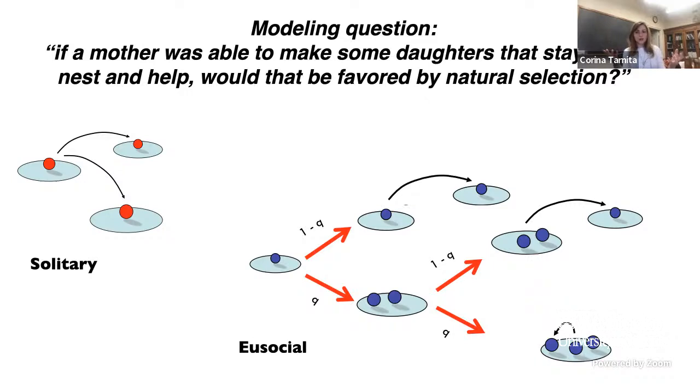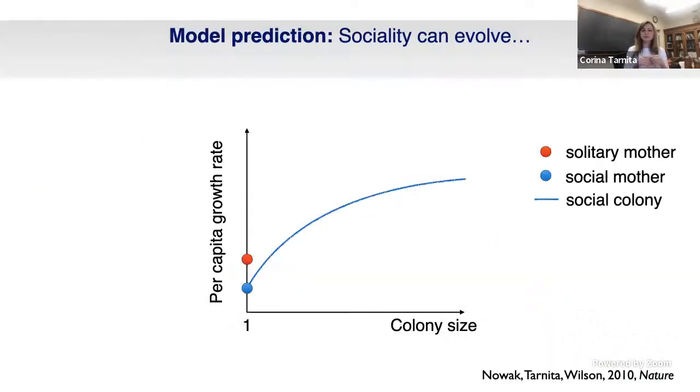We didn't conceive of the fact that these two strategies could coexist, but one had to be better than the other and displace it. And the question was, under what conditions, what kind of benefits might exist to offset whatever costs might exist for the eusocial mom, for those colonies to persist and displace the solitary ancestor. So it's a very simple competitive exclusion model.